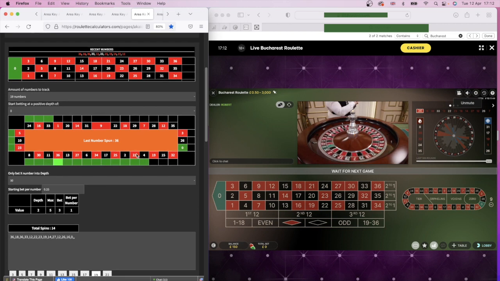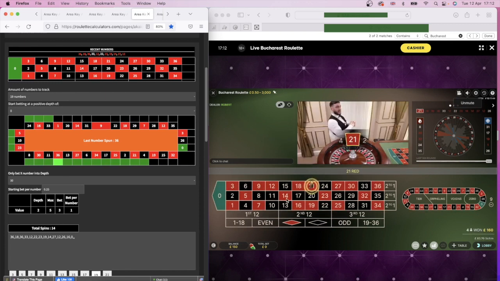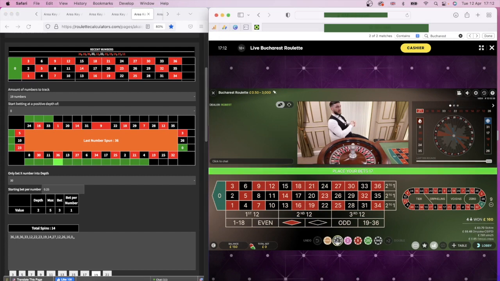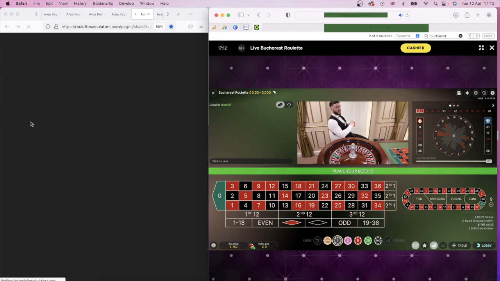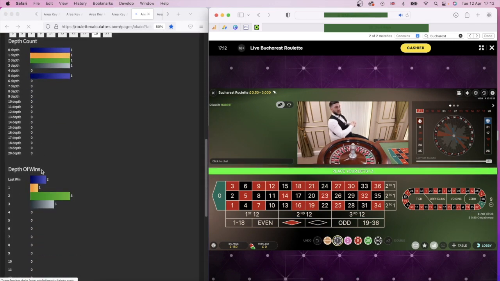Okay, that has gone to 21. So that's actually come in now and put that depth of 2 down into the graph. We'll do 1 unit per number. As you can see, once this updates, there'll be a depth of 2 down there now.